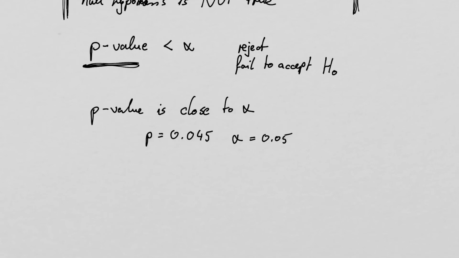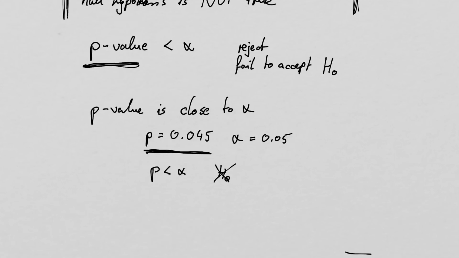Actually, this is a fallacy in this case, because the p-value is a decision tool to say, is the evidence that we are given by our samples, by our data, strong enough to accept or not accept the null hypothesis? In this case, p is lower than alpha, and therefore our null hypothesis is not accepted.